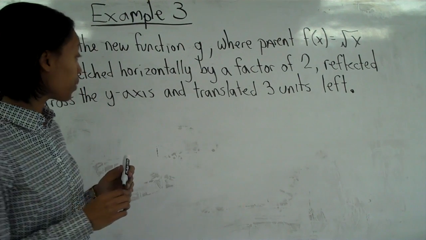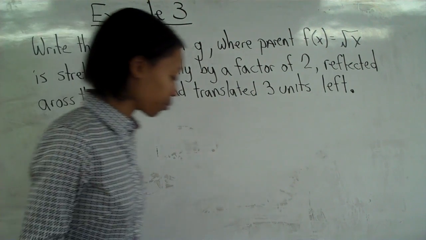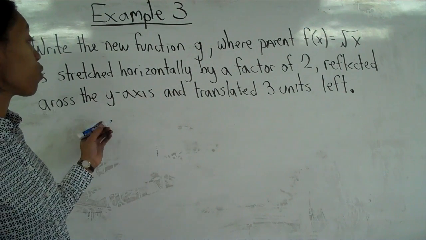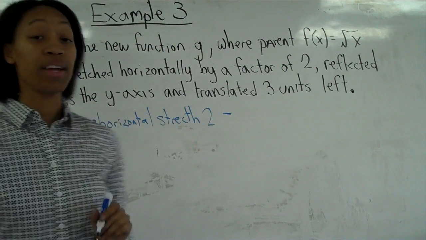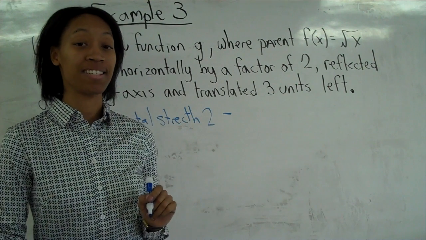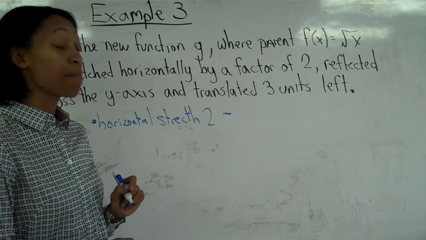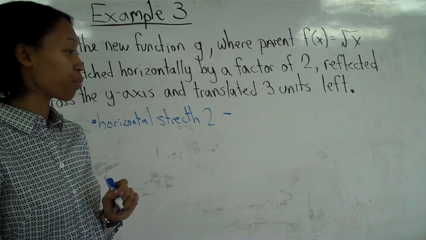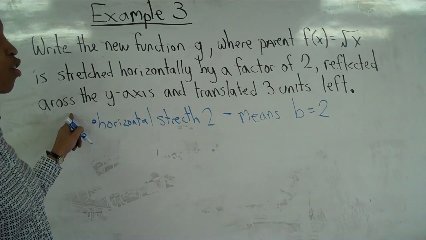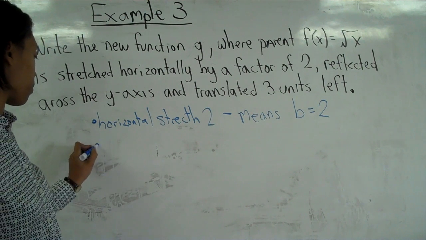Yes, we can. So first of all, the new equation has a horizontal stretch of 2. If it has a horizontal stretch of 2, then that is the b value. That means that b equals 2. Okay, so now we have a reflection across the y-axis.